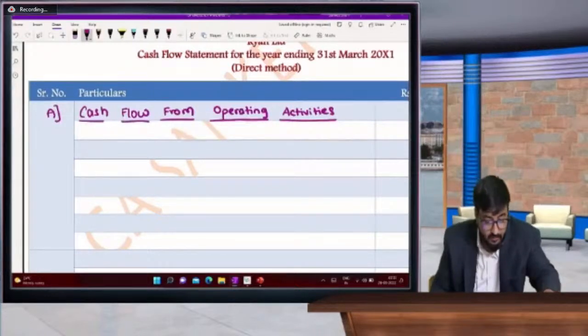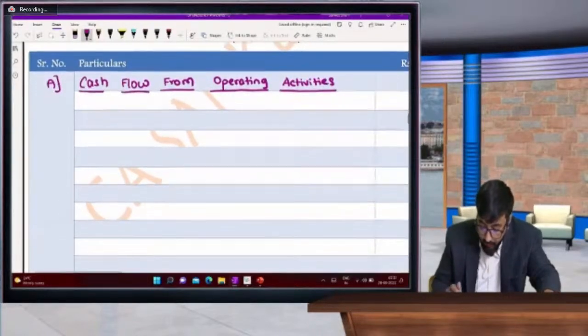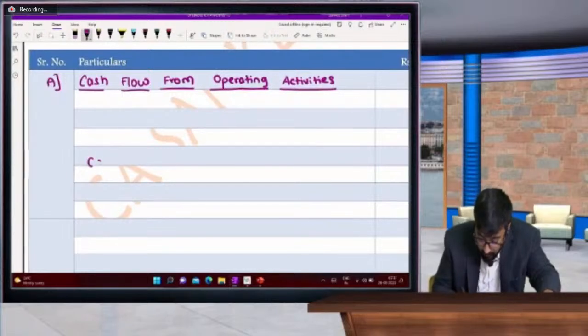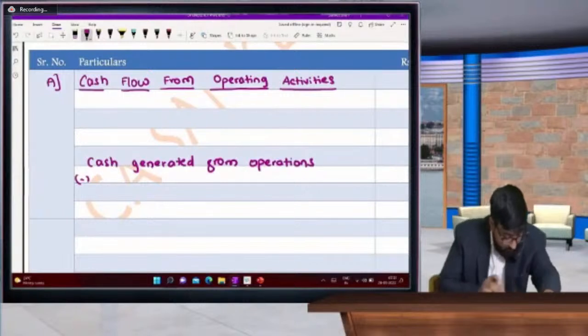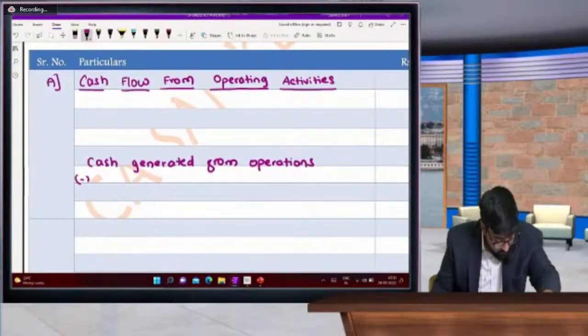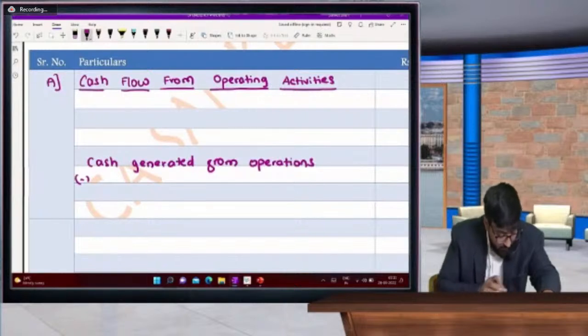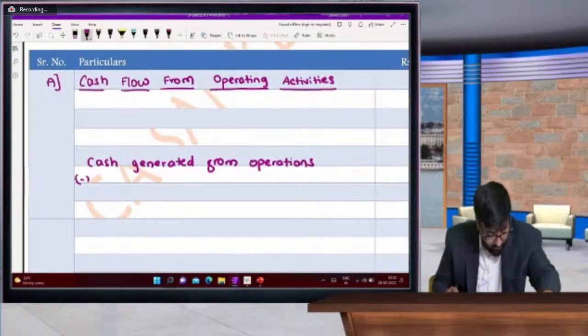After 4-5 lines, write down cash generated from operations, less income tax paid.